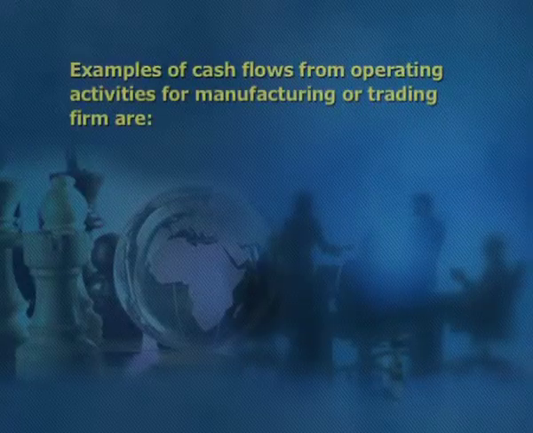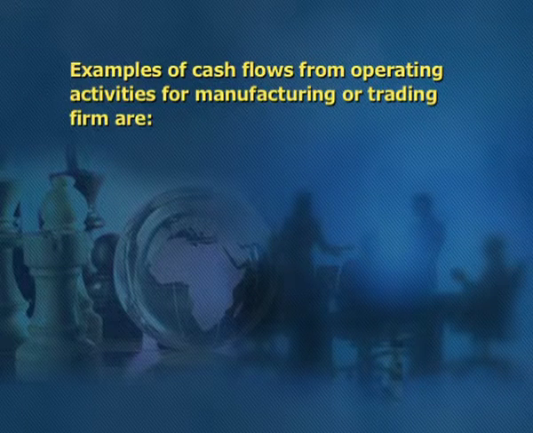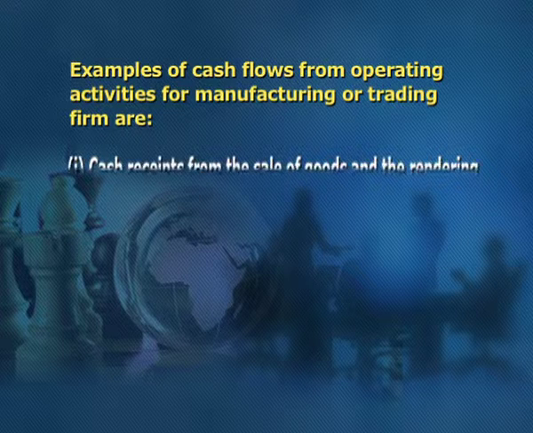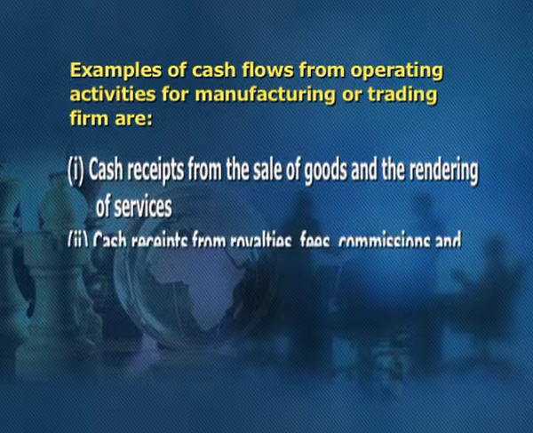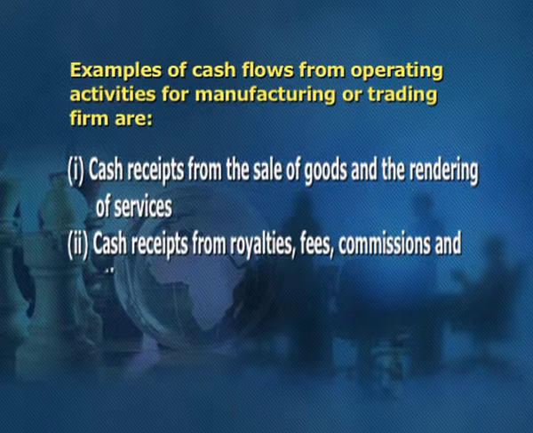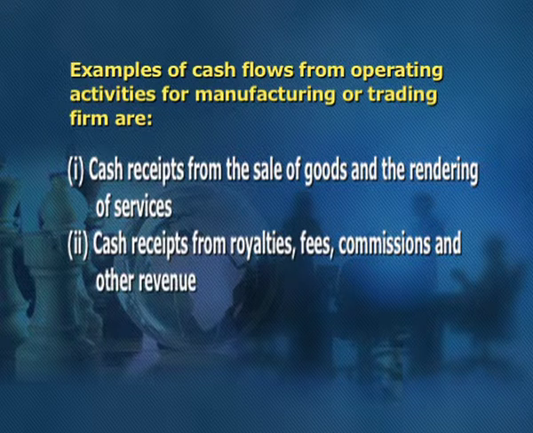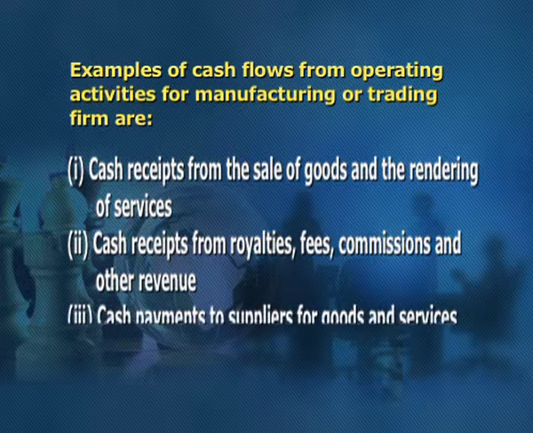Some examples of cash flows from operating activities for a manufacturing or trading firm are: first, cash receipts from the sale of goods and the rendering of services. Second, cash receipts from royalties, fees, commissions and other revenue. Third, cash payments to suppliers for goods and services.